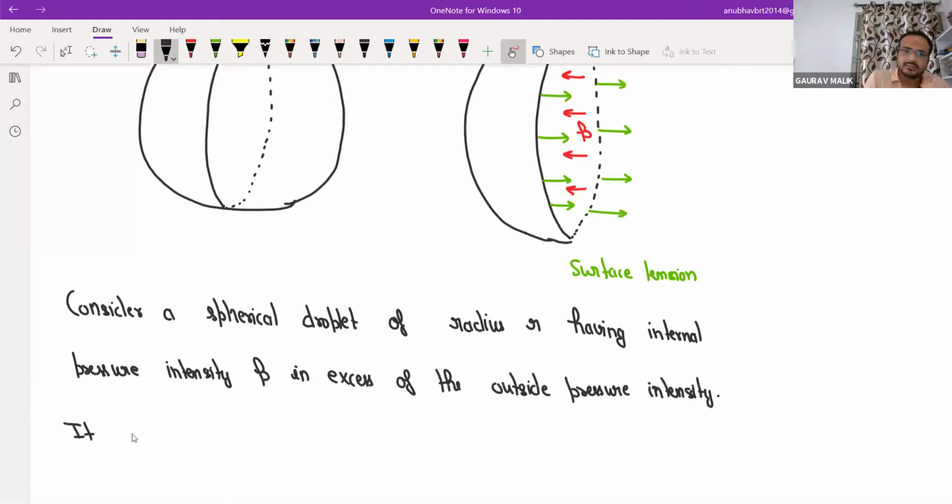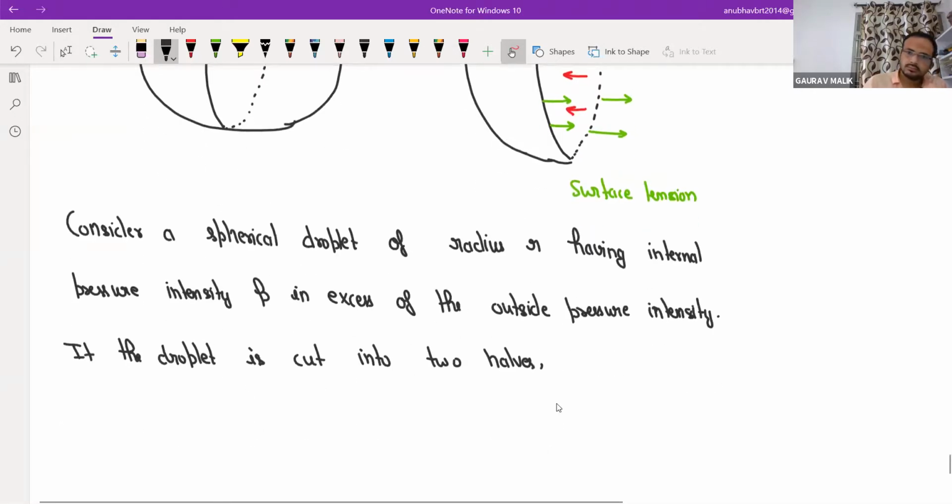This is the initial case. If the droplet is cut into two halves, then the above forces will act.